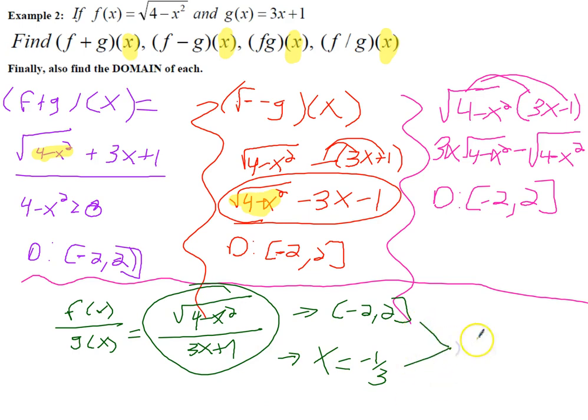So we have to put both of these together to get our new domain, which is going to be -2 to -1/3, parentheses, and then union -1/3 to 2. Again, that's just taking both parts. We know that our square root can't be a negative number, and we can't divide by 0. So we start with our -2 to 2 domain, we take out the -1/3 that x can't be, and then that will give us our final answer for our domain.